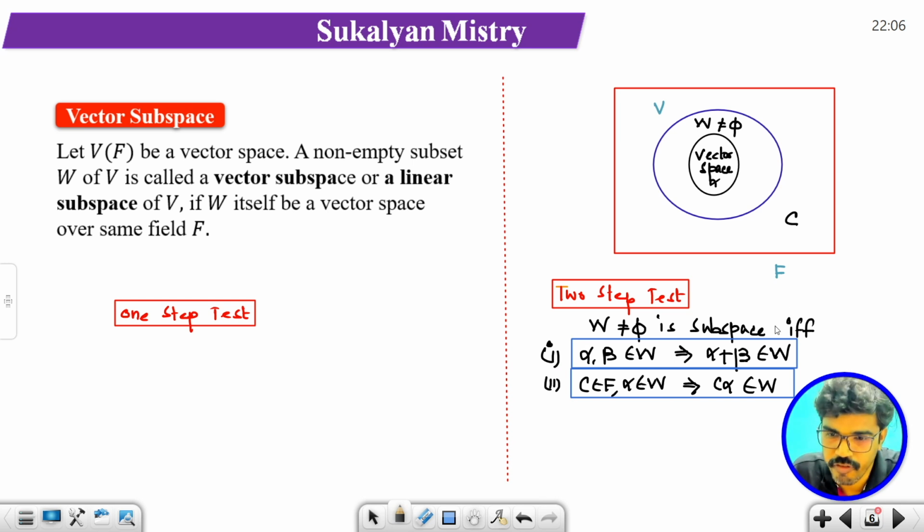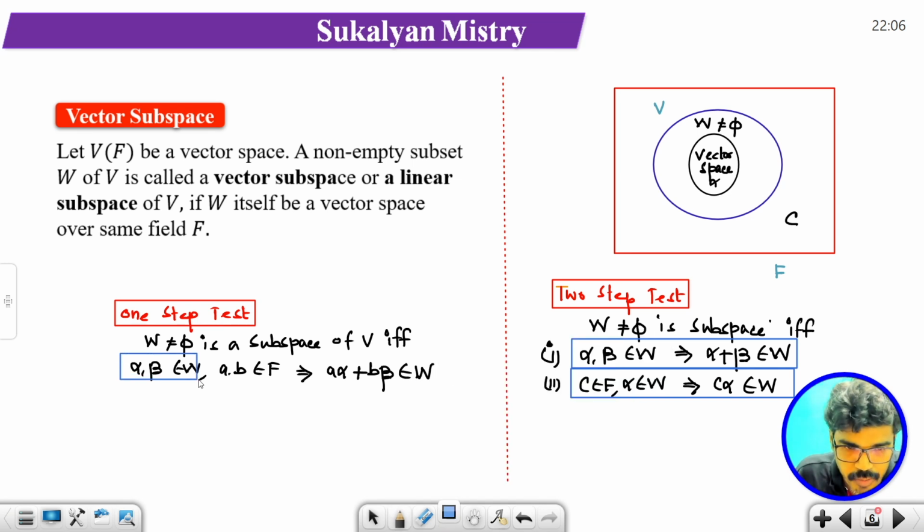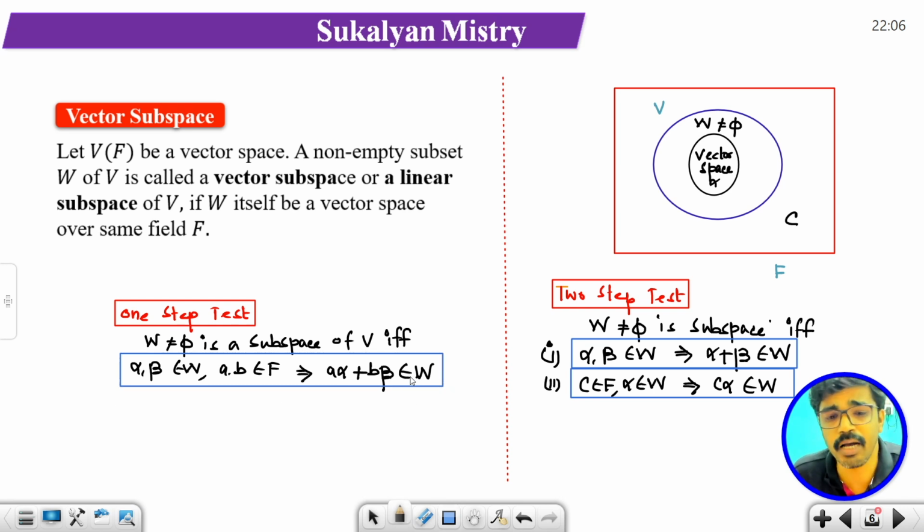W is a non-empty subset, and W is a subspace of V if and only if, considering these two elements alpha, beta belongs to W, and two elements from the field, a, b belongs to F, this implies that a alpha plus b beta belongs to W. Is it clear?